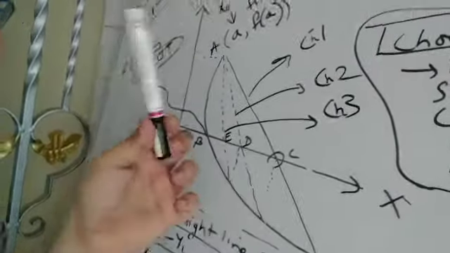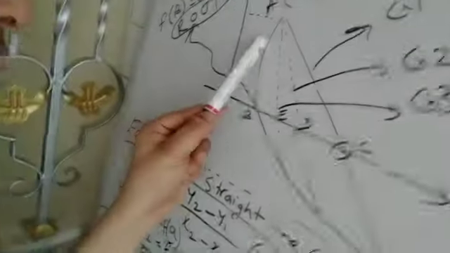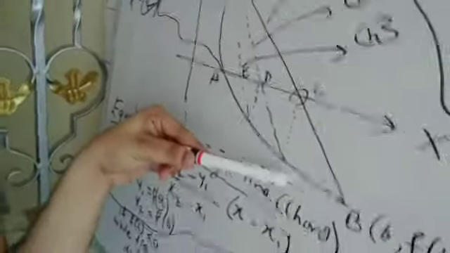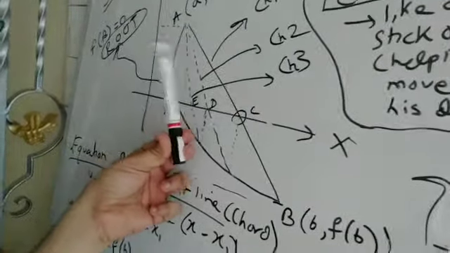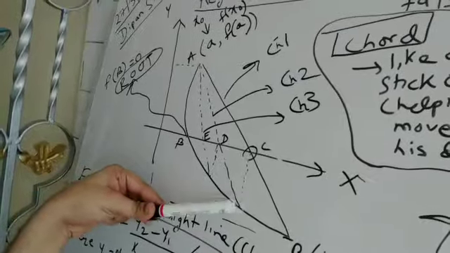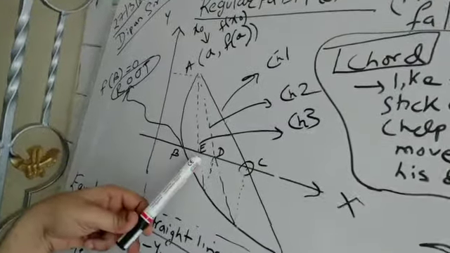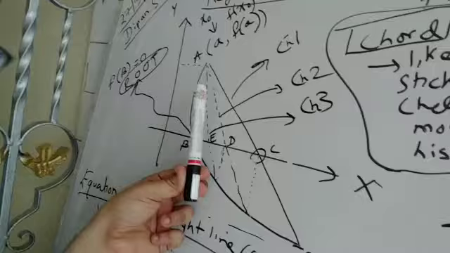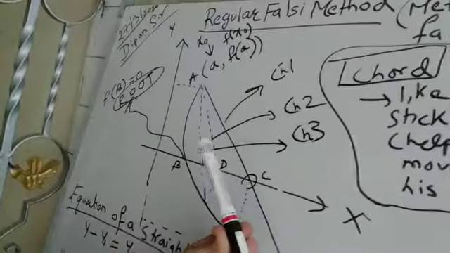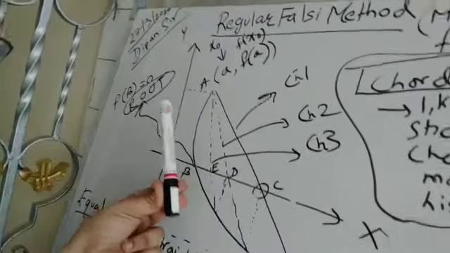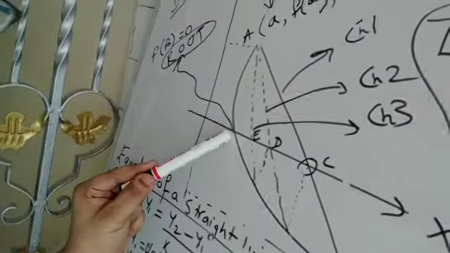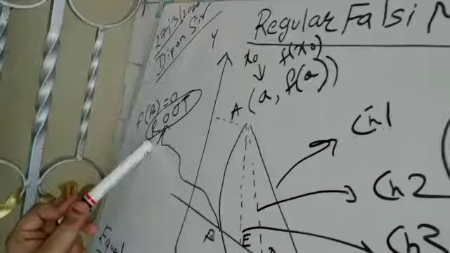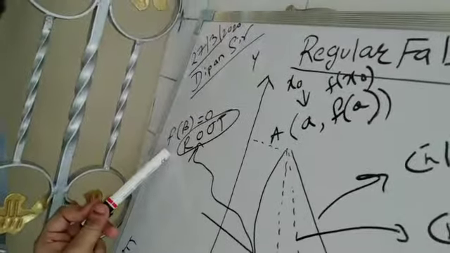That means the first time the chord was from A to B, now it is from A to the new point. So the chord is shifted, and then you repeat the same process and you will get the point E. The chord keeps shifting, and ultimately this is your root point, your final destination, where the function should have a value 0.